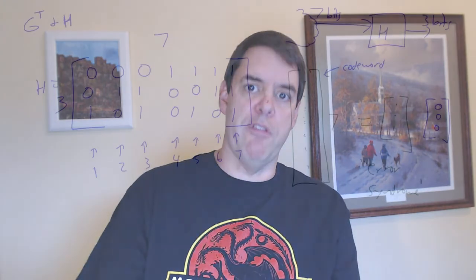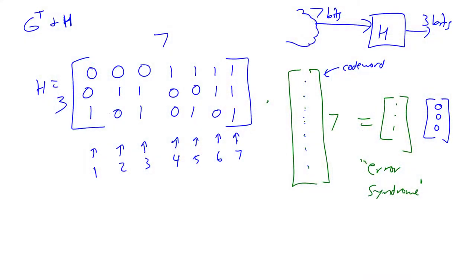Now, furthermore, the thing that's so cool is that if I multiply by this and I don't get 000, I know there's an error. Let's say I multiply this and I get 010. You know what that tells me? It not only tells me that there is an error, but it tells me that bit number 2 was the one in error.